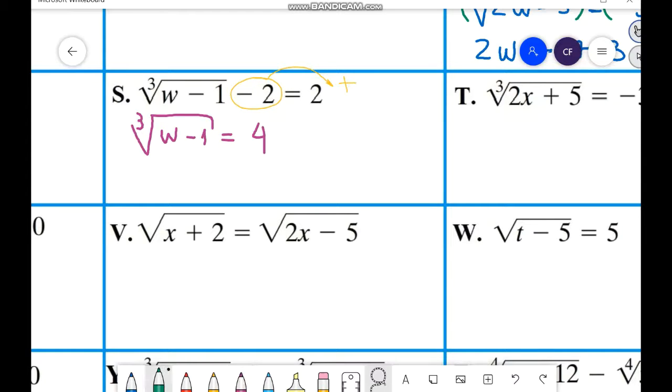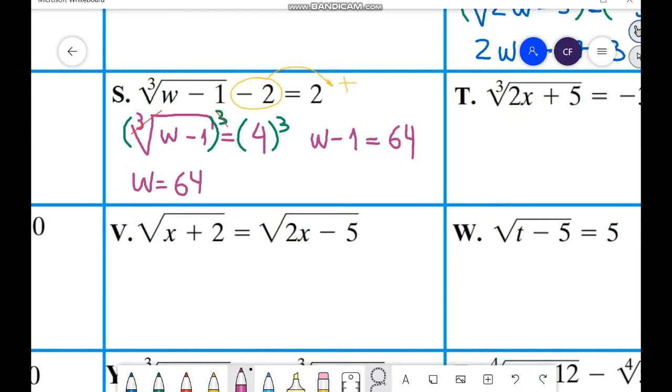Now apply the cube on both sides, cube here and there, because you want to eliminate the cube roots. Then you have w minus 1 equals 4 cubed, which is 64. Move this negative 1 to the other side, becomes a positive. 64 plus 1, w equals 65. That's the right answer, 65. All right.